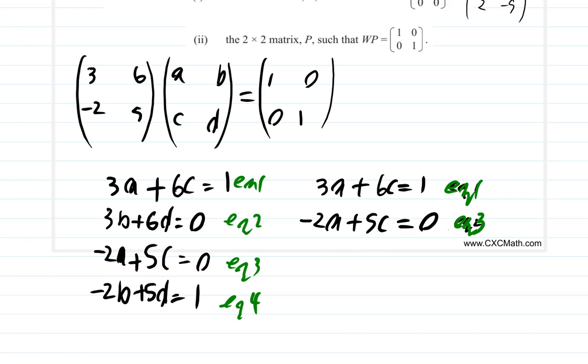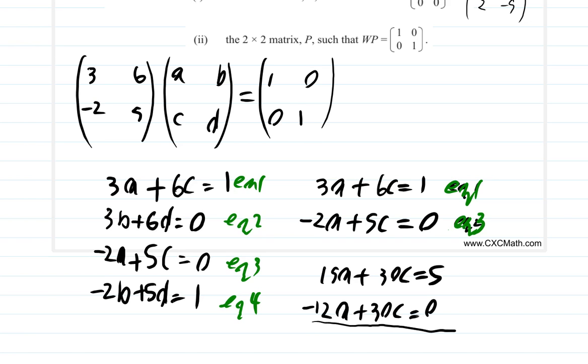If we multiply equation 1 by 5 and equation 3 by 6, we'll get the same numbers for C, and we could eliminate them. And we would say 5 times 3 is 15A plus 5 times 6 is 30C equals 5 times 1, 5. Then this is 6 by negative 2, negative 12A plus 6 times 5 is 30C equals 6 times 0, 0. Then we could subtract these two equations. 15A minus negative 12A would be what?